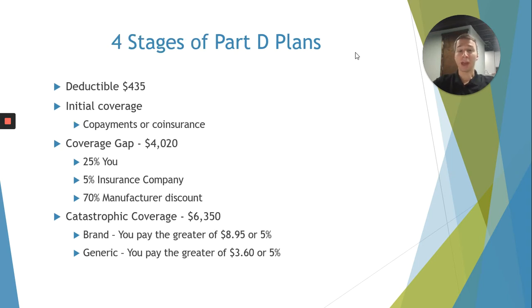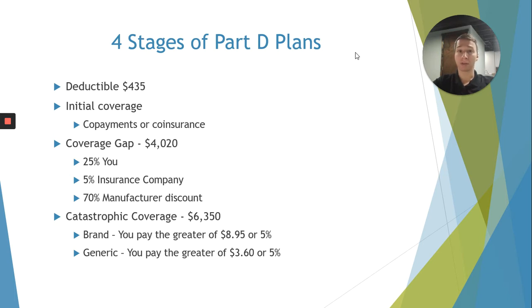Now all plans have 4 stages. The first stage is your deductible stage. This means basically you're responsible for the cost until you reach that deductible. Some plans have exceptions where they will have coverage for certain tiers, maybe 1 or 2, for example, before the deductible, so you don't have to meet that.